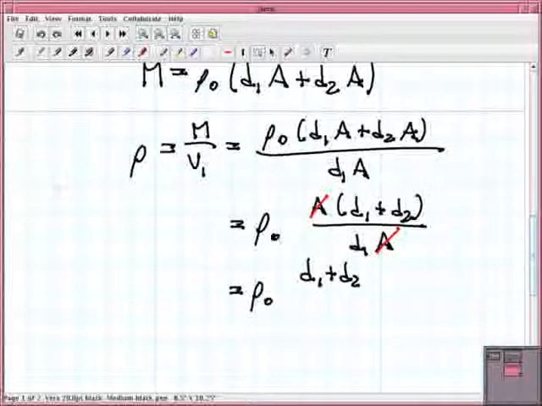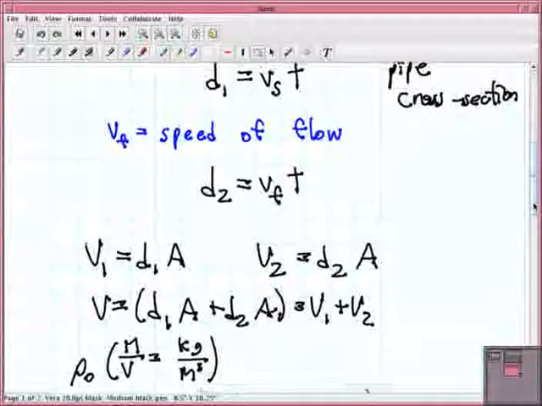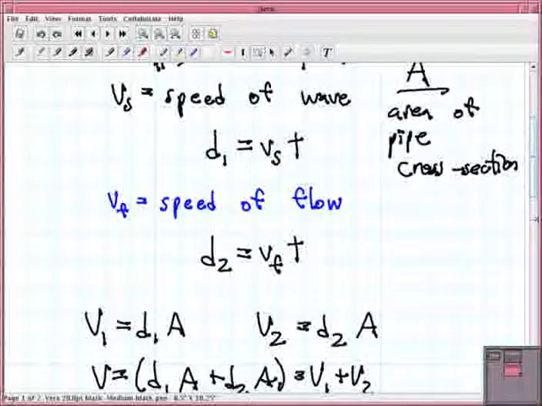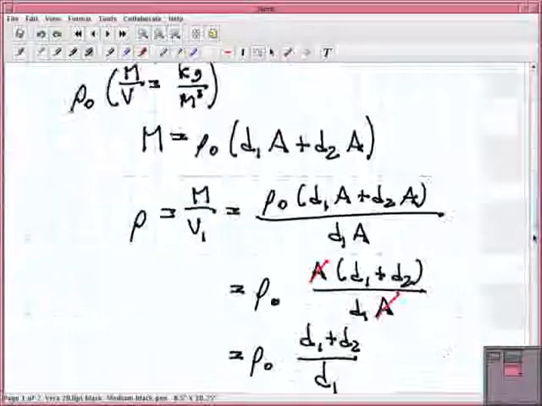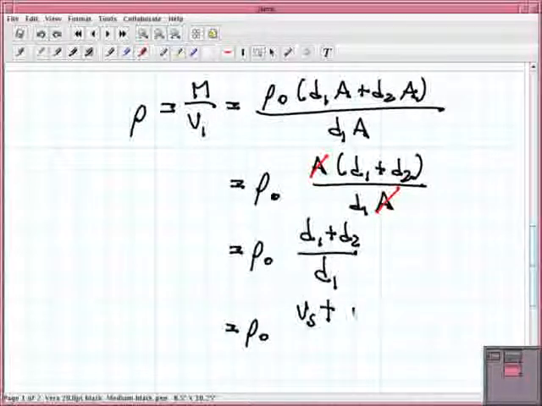Except that we're not left with this, because we can come back to our expressions here for D1 as Vs t and D2 as Vf t and plug these in down here. So D1 is Vs t plus D2, which is Vf t, over D1, which is again Vs t.